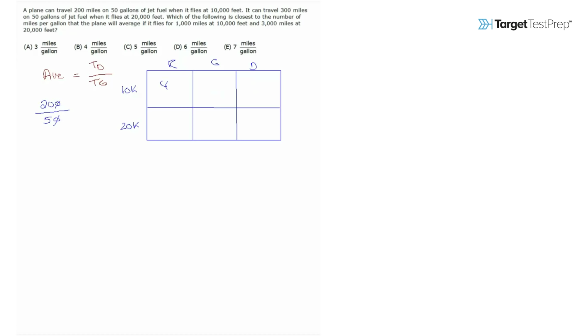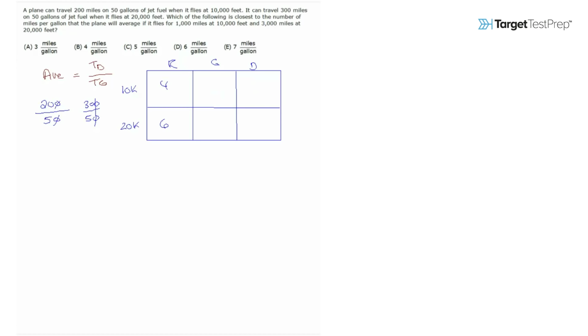And it can travel 300 miles on 50 gallons of fuel, so 300 divided by 50, of course, is 6. So the rate of the plane at 10,000 feet is 4 miles per gallon. And at 20,000 feet, 6 miles per gallon.